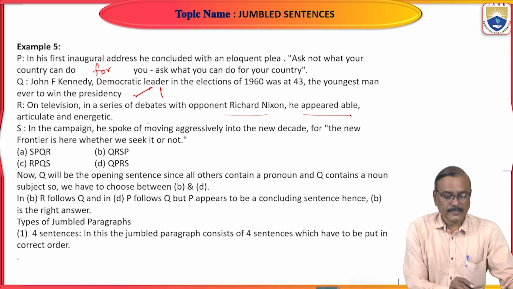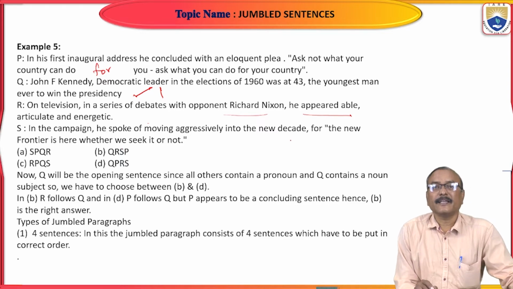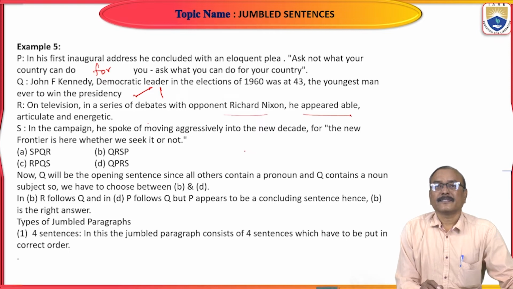So remove the options A and C, then B and D options remain. Is it clear? Then Q is followed by R or Q is followed by P. So what do you think here? For example, Q is followed by R, let us see. First sentence is Q only.